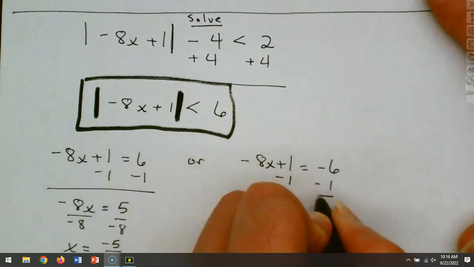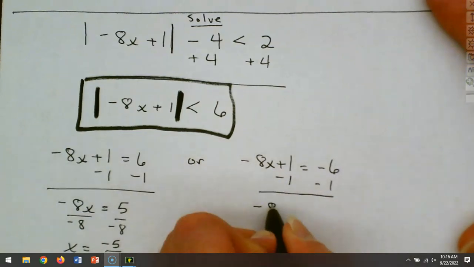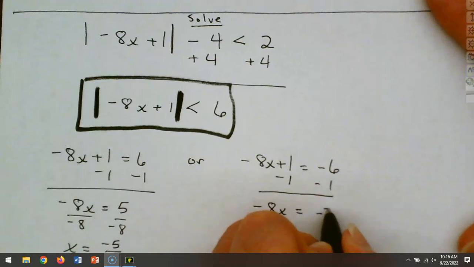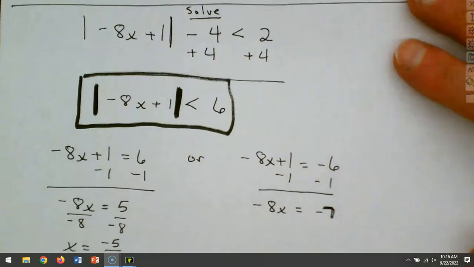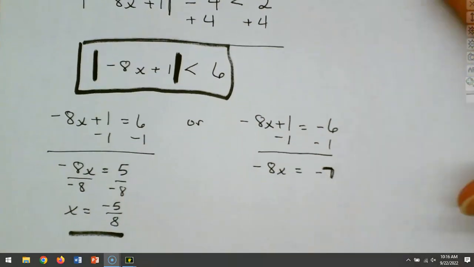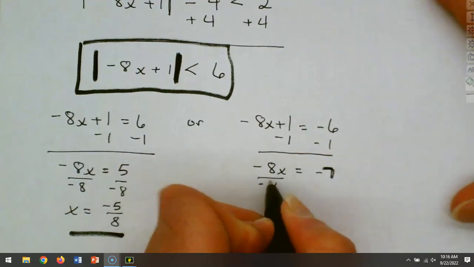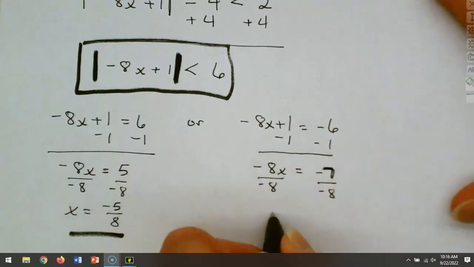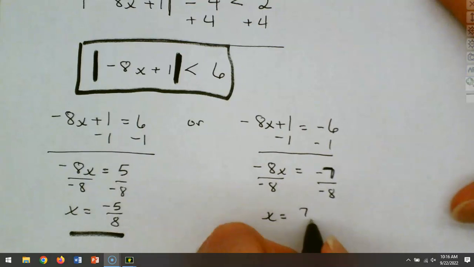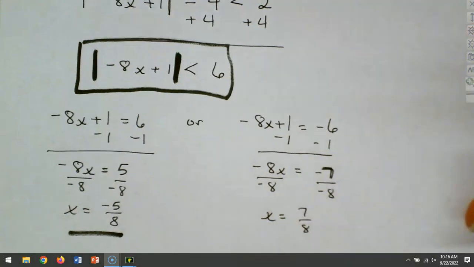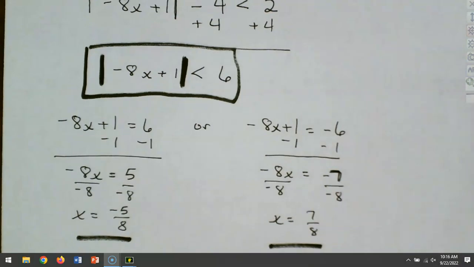Move the 1 over. Okay, so we've got that. Divide by your negative 8. And that gives you x now equals 7/8. There's the other one. This is an inequality, so we are not done yet. We need to finish it.